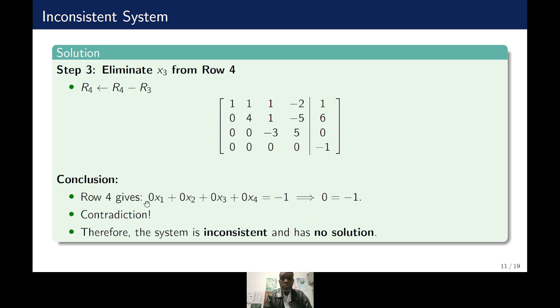Because you obtain 0 here, it means you are saying 0 is equals to 1. But this is not true. 0 is not 1. So we have a contradiction here. So this system is inconsistent, and we conclude that it has no solution.